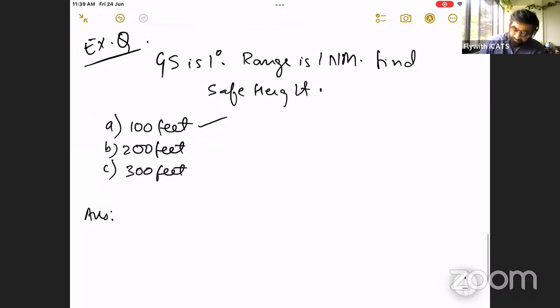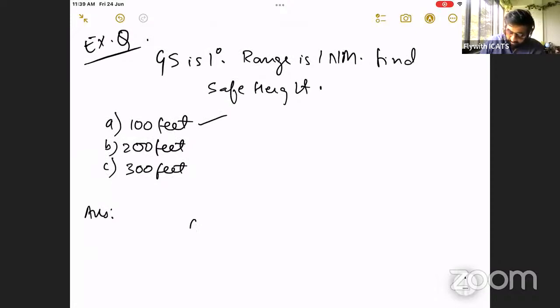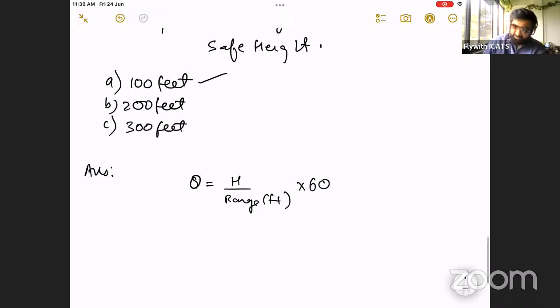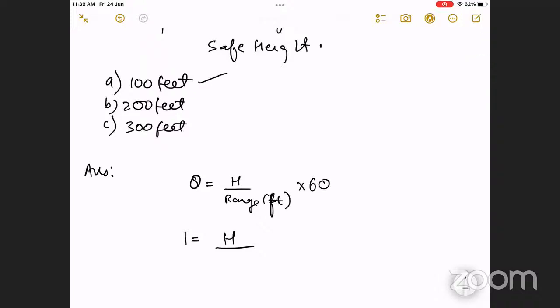Correct, students. Everyone is right. How? I have the formula. Theta is equal to height upon range in feet into 60. Theta is 1, equal to height upon range. How much is it with the navigation computer? Hardik, range in feet, 1 nautical mile?